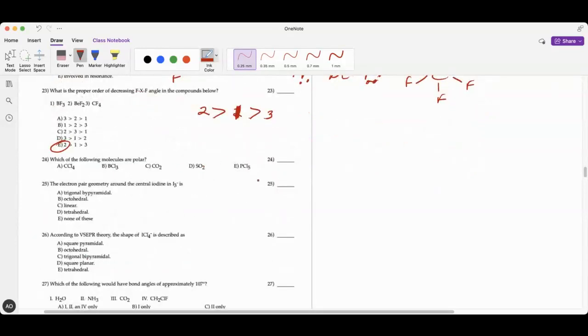You guys answer this. Which of the following molecules are polar? Again, you need to draw those Lewis structures. What do you think?